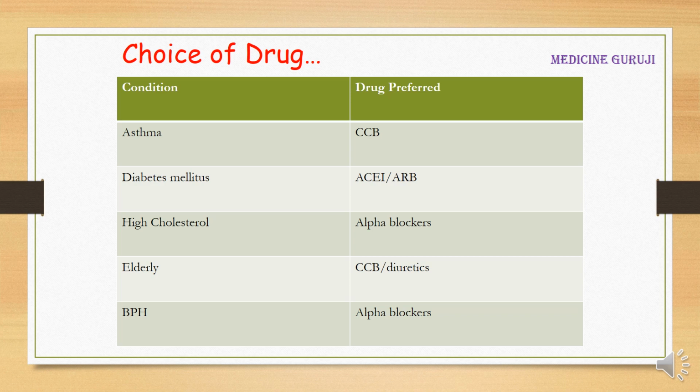Elderly, you can go for both calcium channel blockers and diuretics. And patients with BPH, benign prostate hypertrophy, go for alpha blockers.